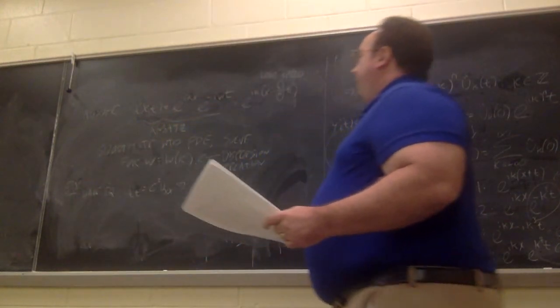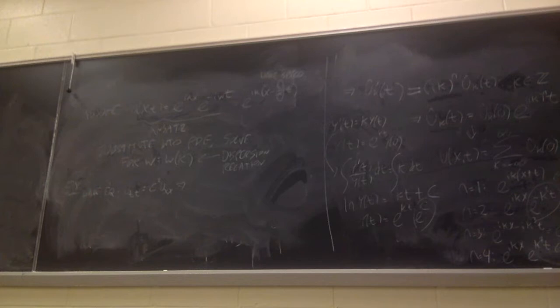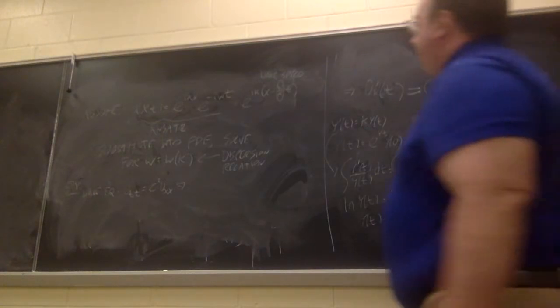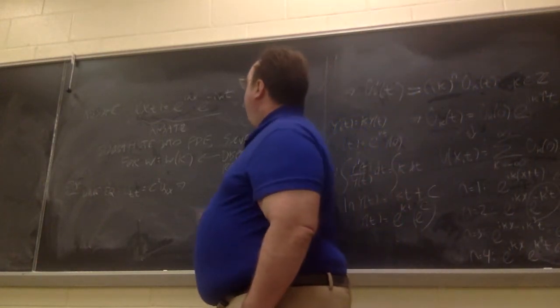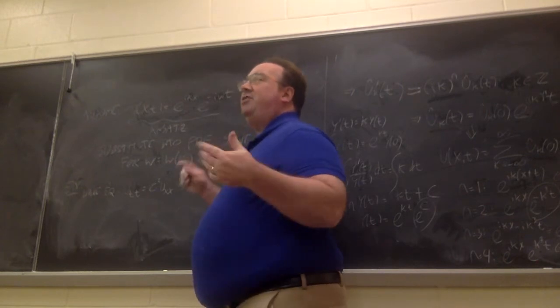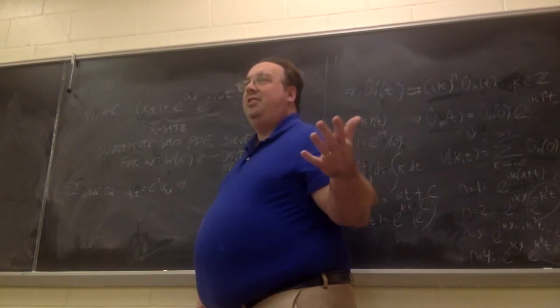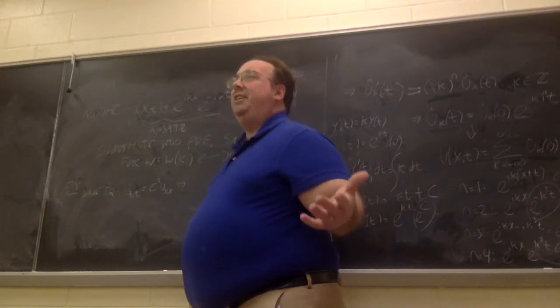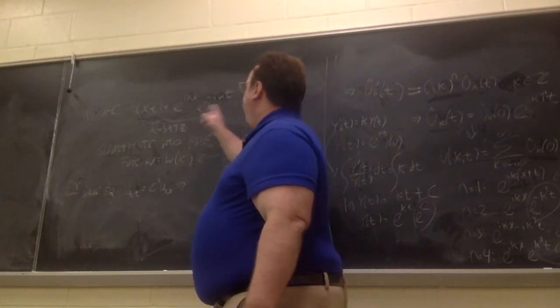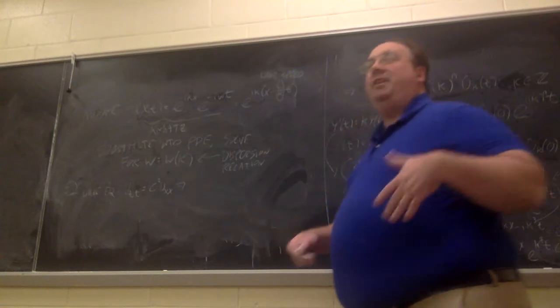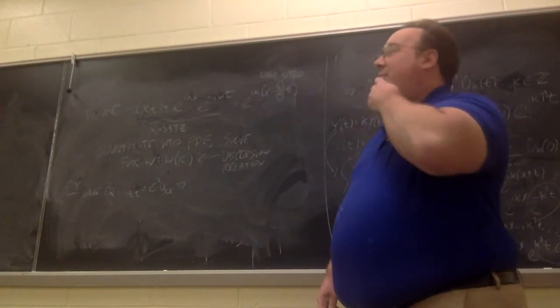Now, the nice thing about having exponentials is anytime you take any derivative of an exponential, you're going to get the same exponential times something. So I'm not going to bother writing down the exponential because I know it's going to show up in every term.